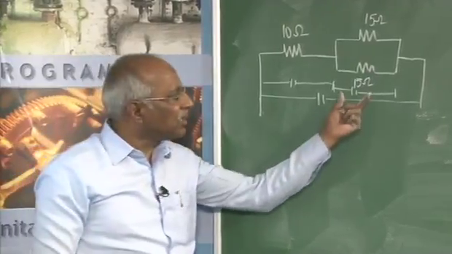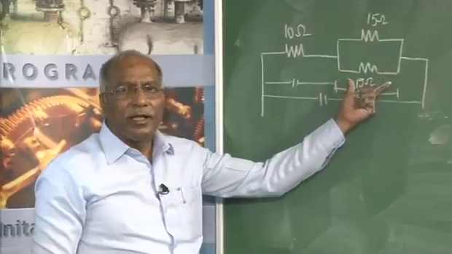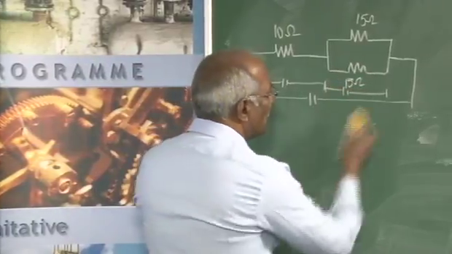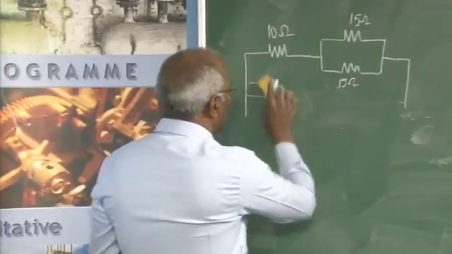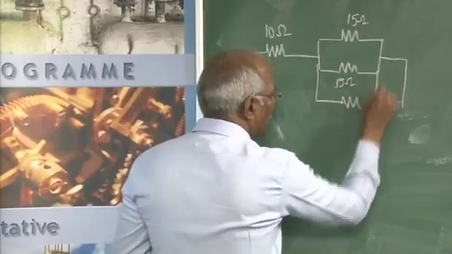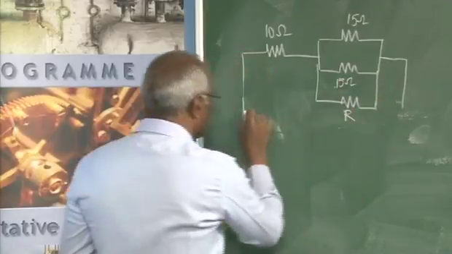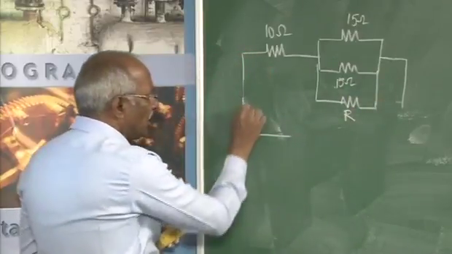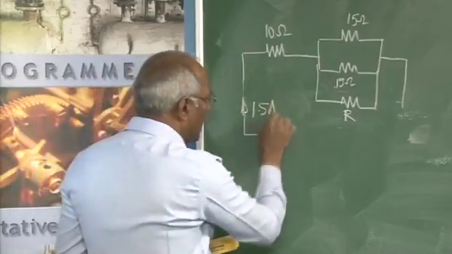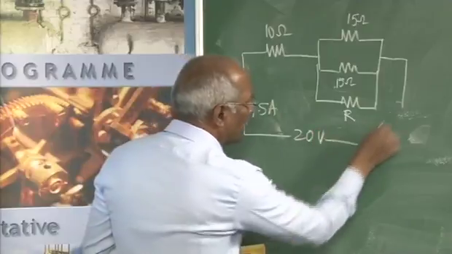Shunted means it is as good as connecting across this parallel combination. This parallel combination means it is across this only. What resistance must be shunted across this parallel combination so that the total current taken will be 1.5 ampere and 20 volts is applied.